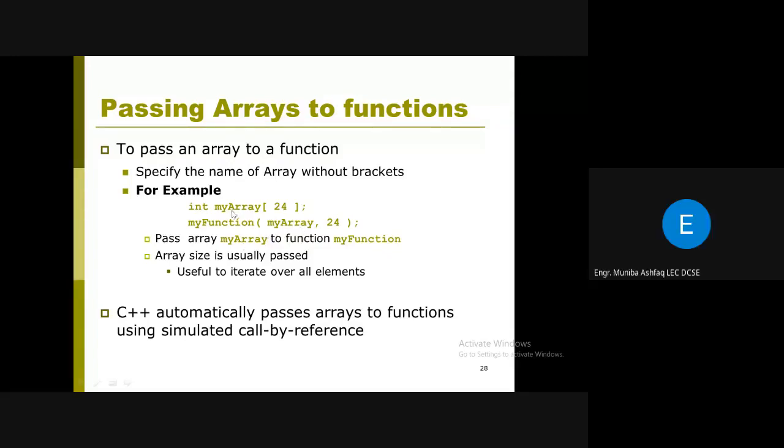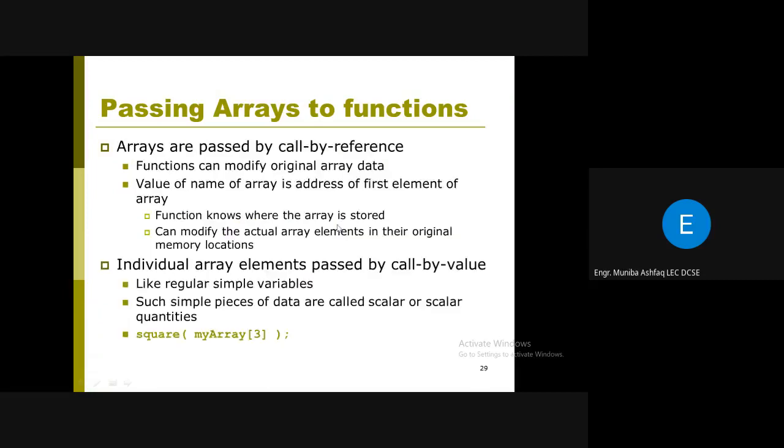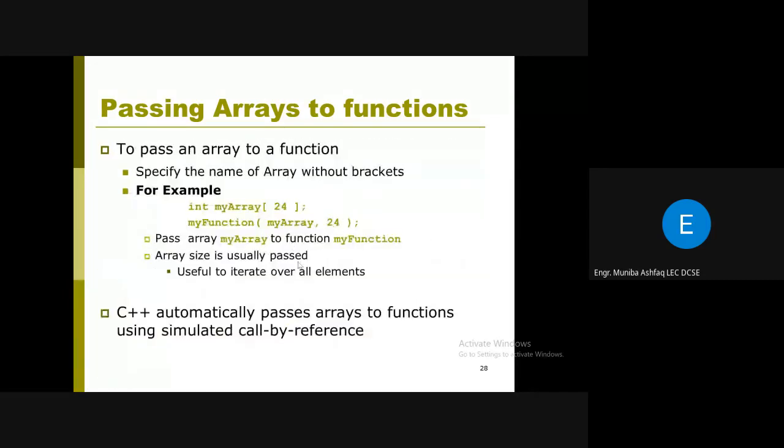Simply write the name of that array, right? And they're telling us that in the second argument we also pass the size of the array, so that we know the size of the array and can traverse through the array elements.